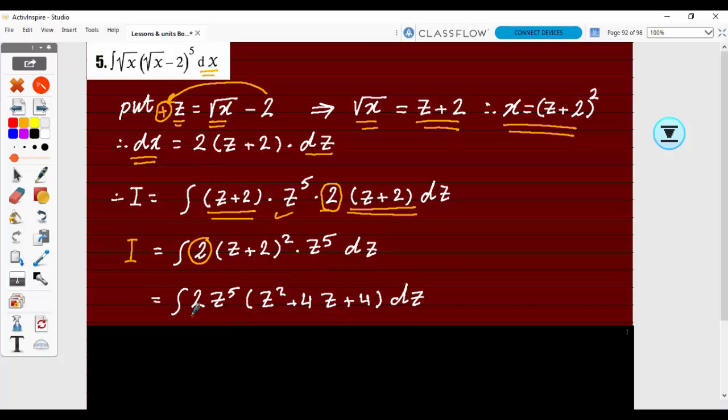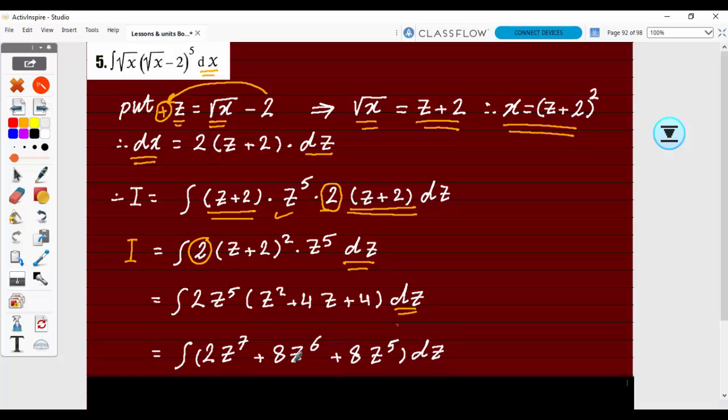Now we have the integration of 2 z power 5 (z plus 2) all squared, which equals z squared plus 4z plus 4, dz. Don't forget it. And we have 2z power 5 multiplied by z squared equals 2z power 7, plus 2 multiplied by 4, which is 8, z power 6. 2z power 5 multiplied by 4 equals 8z power 5 with respect to z.